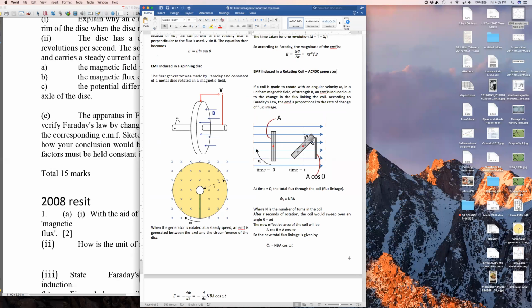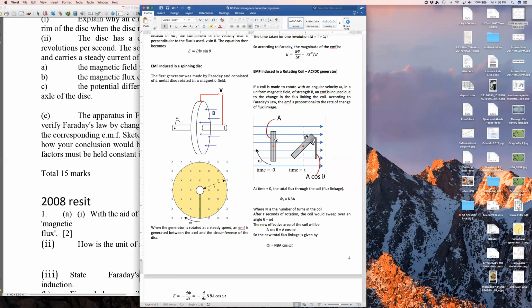Now, if a coil is made to rotate with an angular velocity omega in a uniform magnetic field of strength B, we know an EMF is induced due to the change in flux linking the coil. Right now, at this position, we have a certain amount of flux passing through the coil. But when that same coil changes its orientation, we can clearly see that the flux is passing through a smaller area.